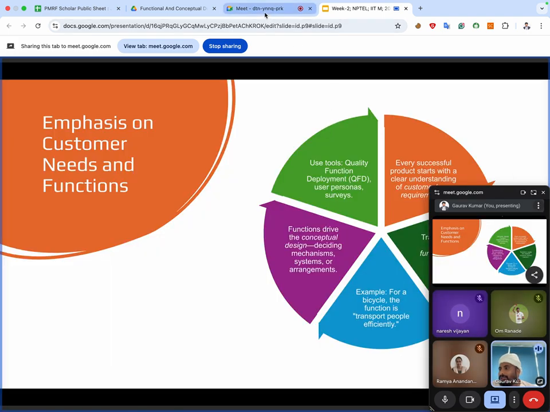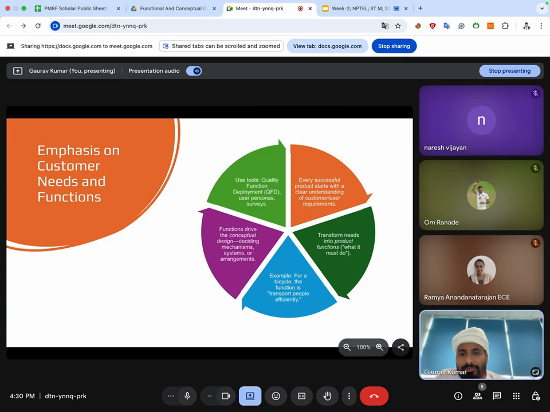Okay, so now next one emphasizes customer needs and function. One golden rule in design is the customer is your king, right? Every successful product begins by understanding them.